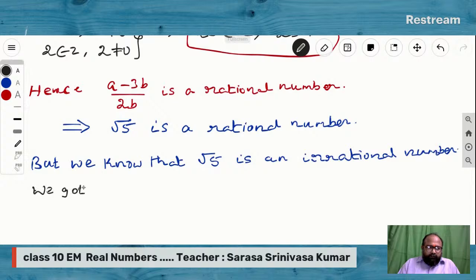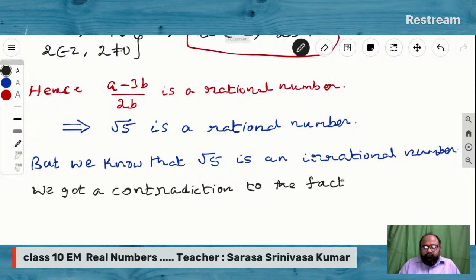to the fact that square root of 5 is an irrational number.